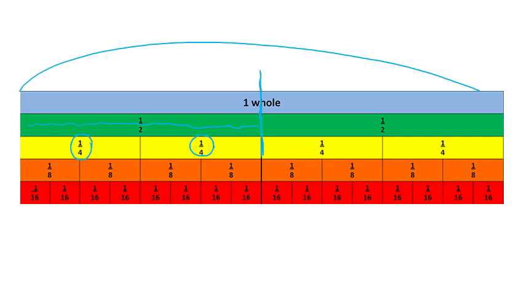So 2/4 would be exactly the same. We can tell that an eighth and an eighth and an eighth and an eighth, so 4 of those, 4/8, is exactly the same as a half. And we can tell that 1, 2, 3, 4, 5, 6, 7, 8 of those guys, 8/16, is also getting us to that halfway point.